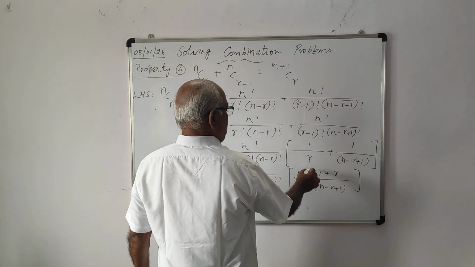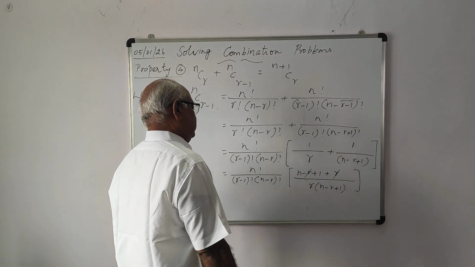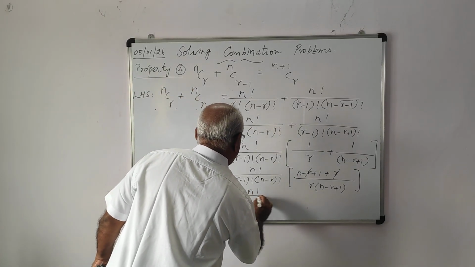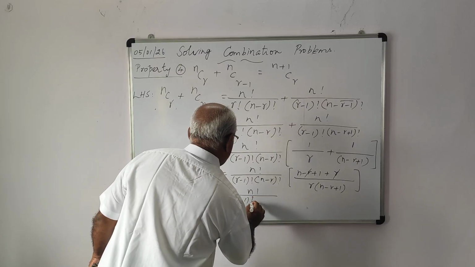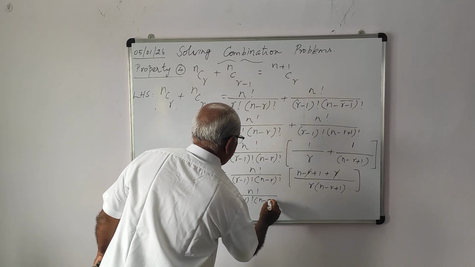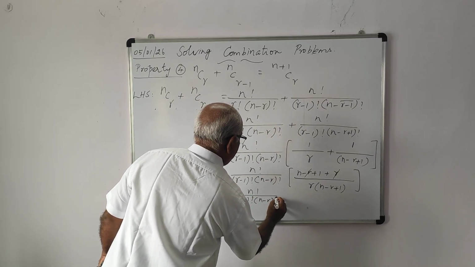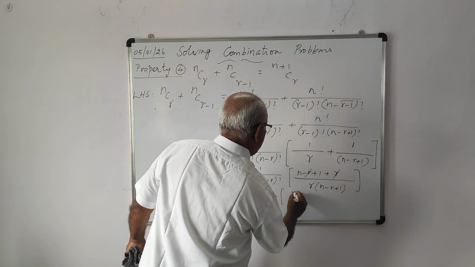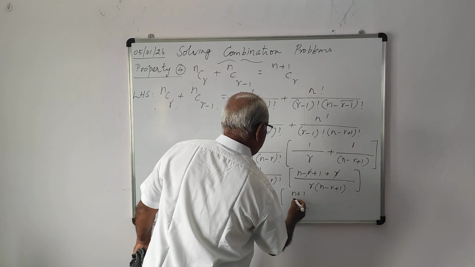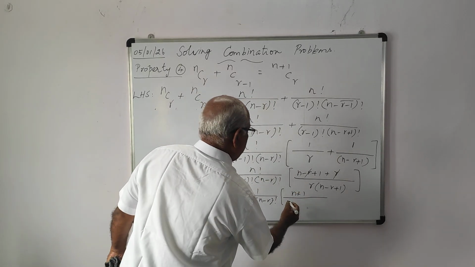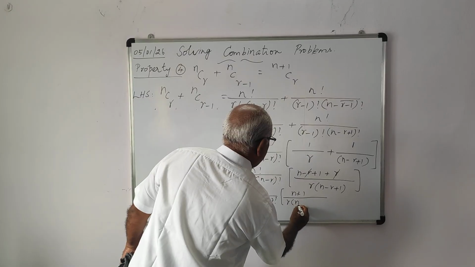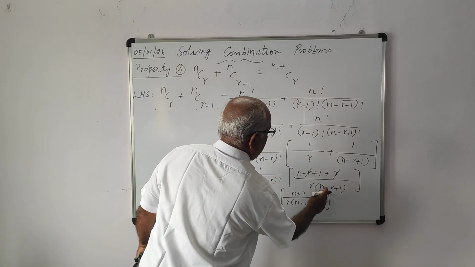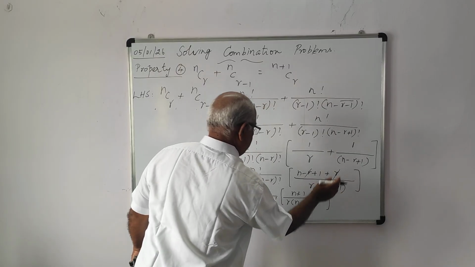So minus r plus r cancelled. So you will get n factorial by r minus 1 factorial into n minus r factorial into n plus 1 by r into n plus 1 minus r. n minus r plus 1 can be expressed as n plus 1 minus r.